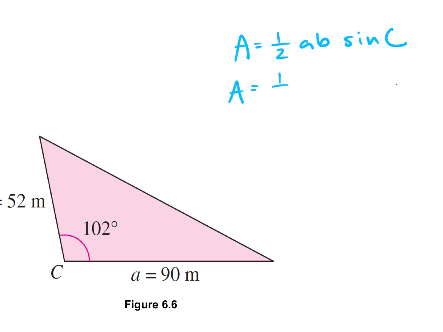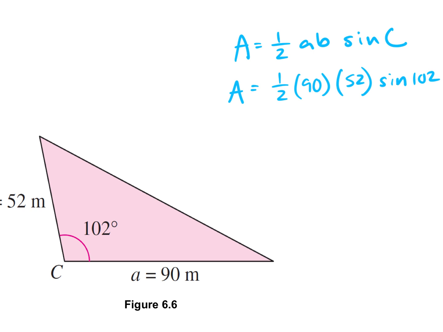So our area is 1/2 times 90 times 52 times sine of 102. And we can plug this all into the calculator. So if you want to, you can multiply 90 times 52 times sine of 102 and then divide that by 2, or you can just do 90 times 0.5 instead of 1/2.